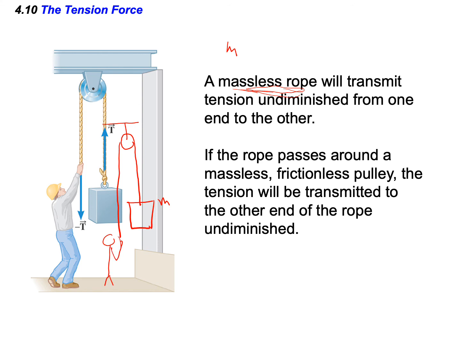So this rope will transmit tension from one end to the other end. This person is holding this rope and this tension transmits to the other end. So you have tension and you have a mass.